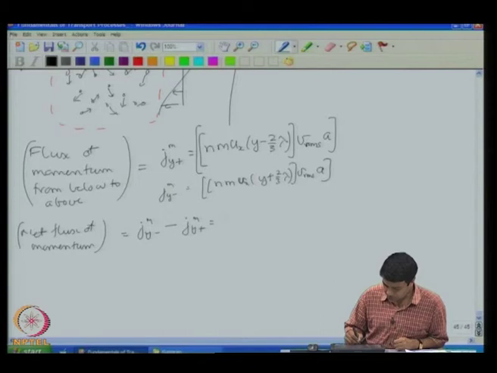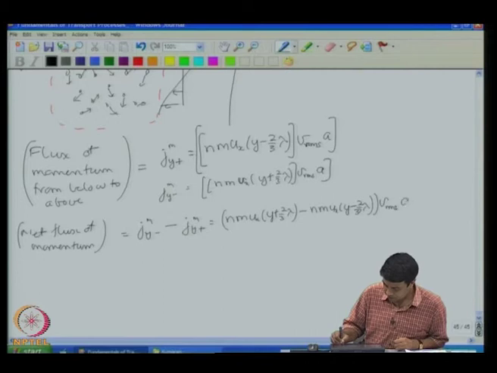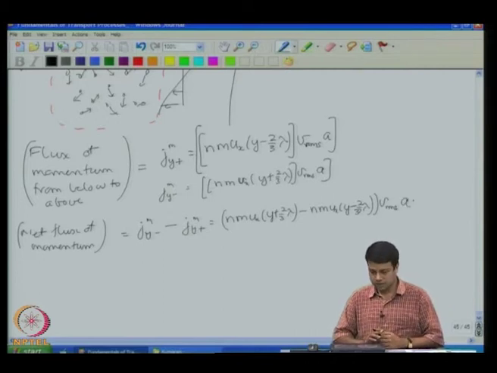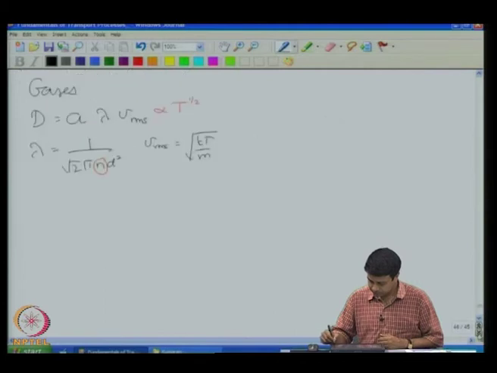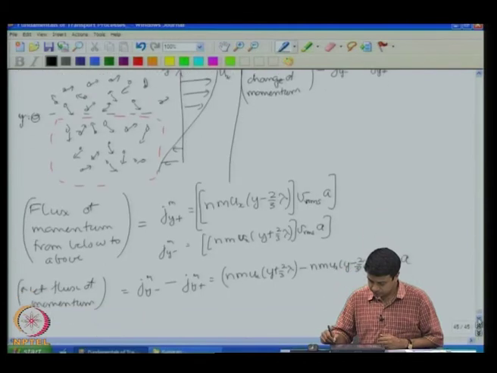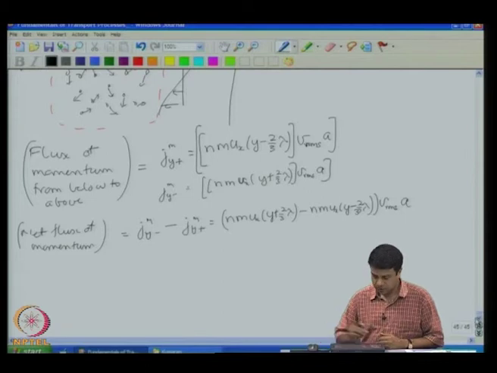This is going to be equal to N m Ux at y plus 2 by 3 lambda minus N m times Ux at y minus 2 by 3 lambda, times Vrms times this undetermined constant A. Once again I can do the same Taylor series expansion.